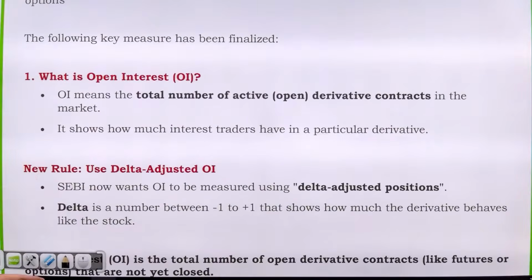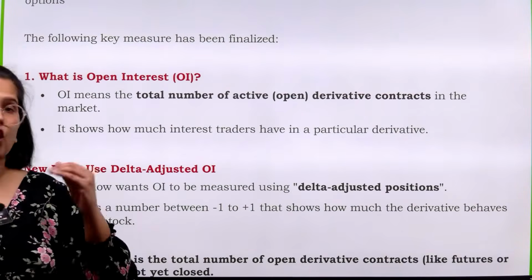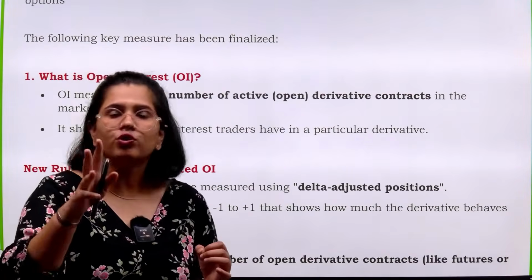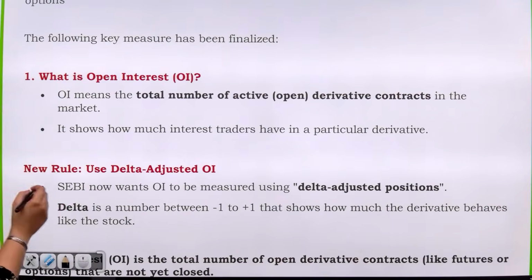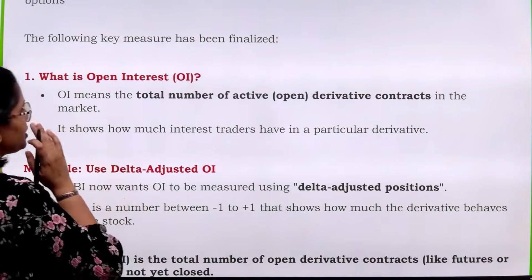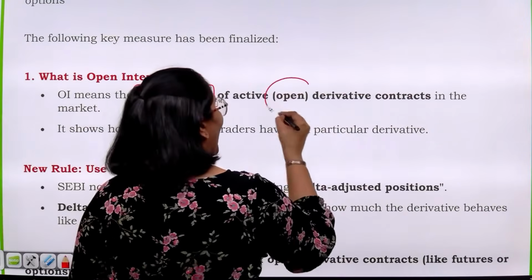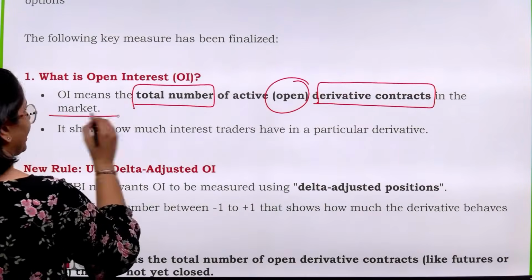Now we have to look at what are the new changes that has been brought in. So now adopting a cautious approach, please pay too much attention on the top 2 points because they are very, very important. Number 1, see, they have said कि there is a term called as open interest. Open interest means total number of active derivative contracts in market.